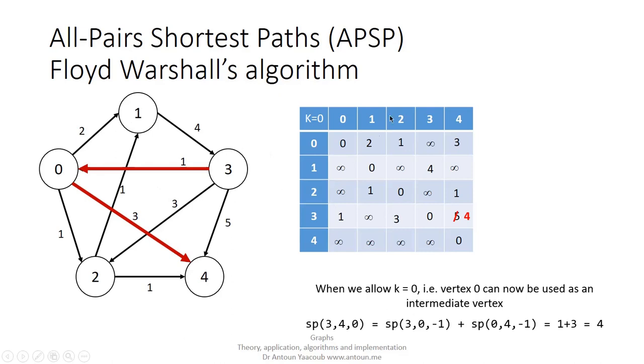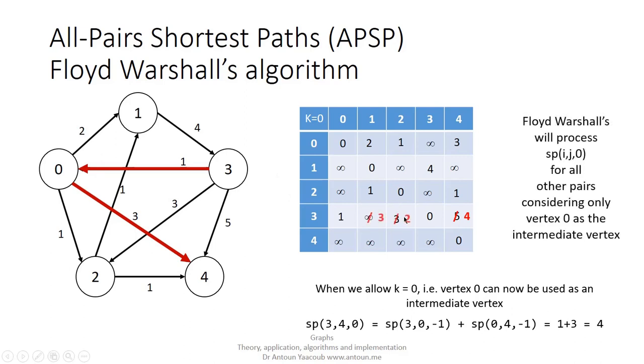So for example, for s32 I can pass by 0. s32 is equal to 3, so 2 is better. So I can update that. Even s31, I can have this 3, so it's not more infinite. So I can update all this row using 0.